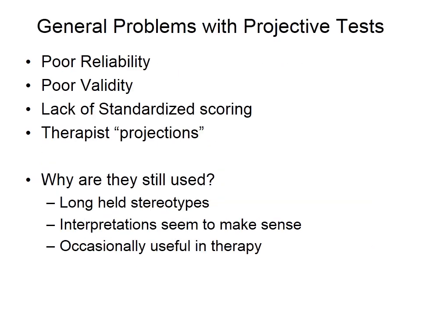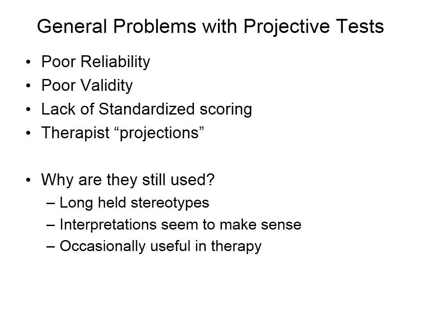So the general problems of these projective tests: poor reliability. And what I mean by poor reliability is even with standardized scoring, if you have a subject go to 3 different trained clinicians and give the exact same responses on one of these tests, they'll often get very different diagnoses or very different reports of what their personality is like. As I said, very poor validity.